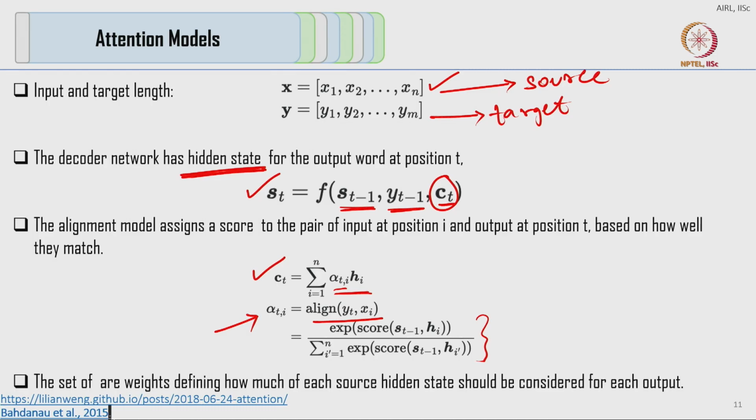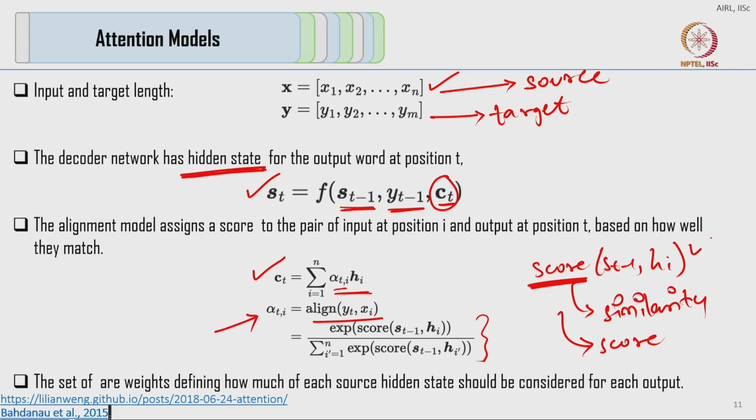So, it essentially generates a score for st-1 and hi. With the score, we are trying to compute the similarity between these two states, or to see which of the states is more helpful for generating the best output prediction, right.